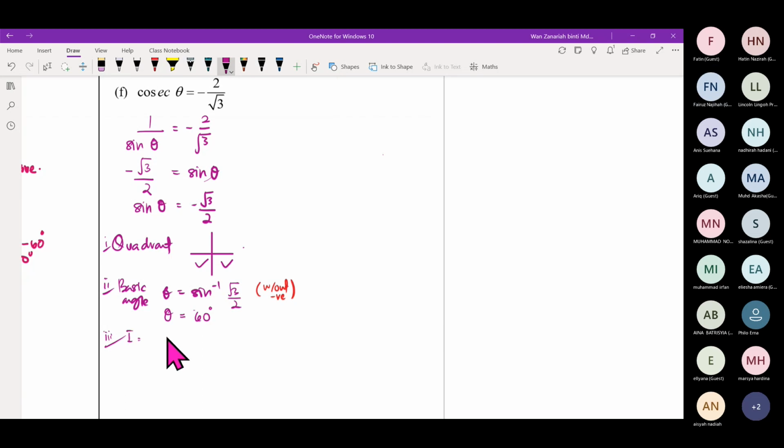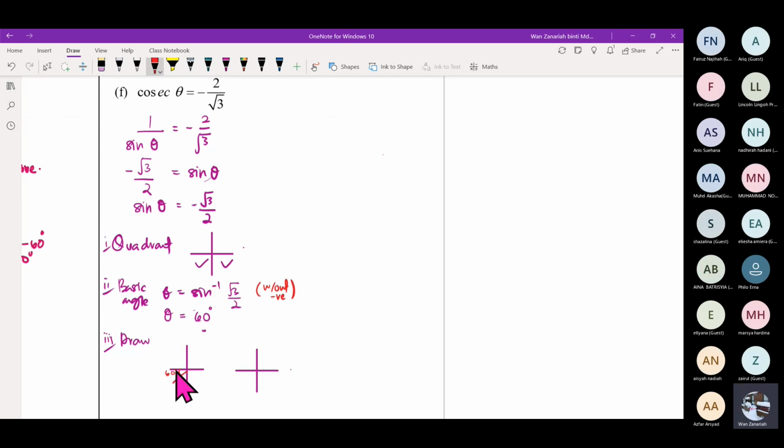Okay, next step. The third step is the interval. The interval given is 0 until 360, so no problem. Lastly, your solution. We forgot to draw. How many units? 2. And 1. So the third quadrant, this is your basic angle 60.